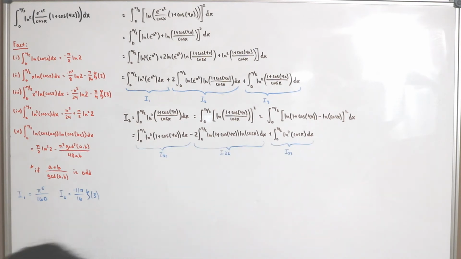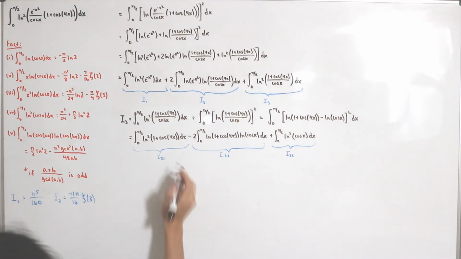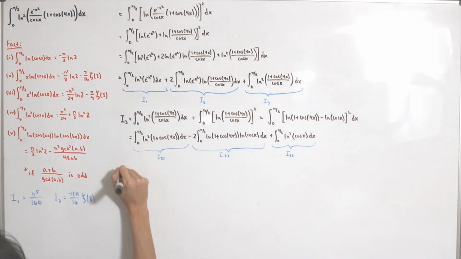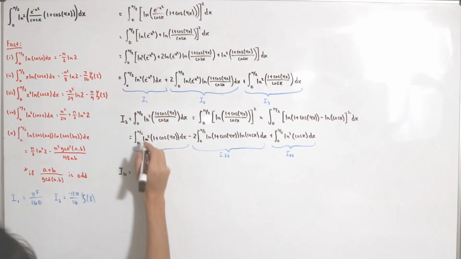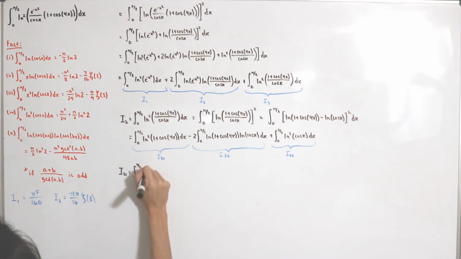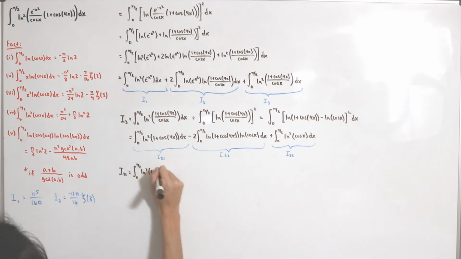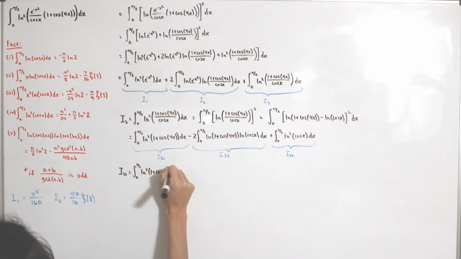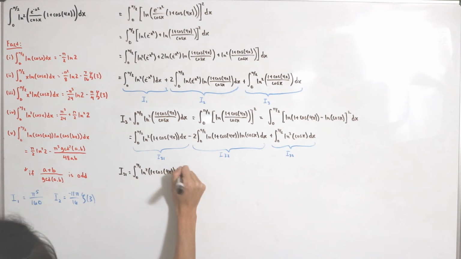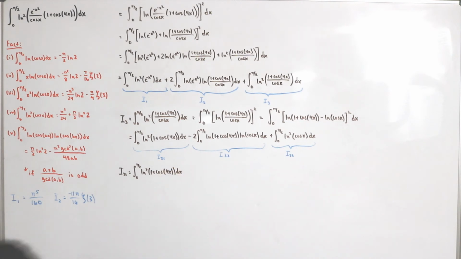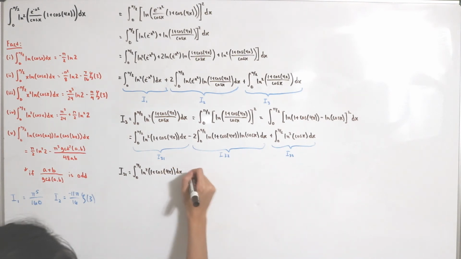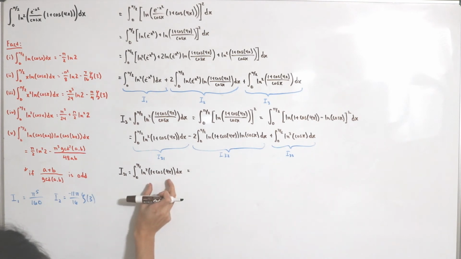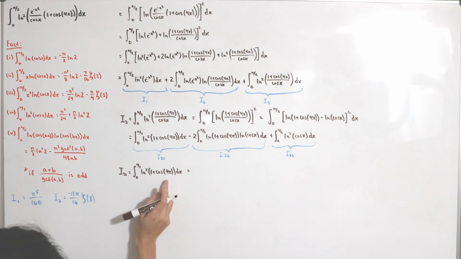Okay, so one by one, we're going to have to solve I31. So specifically right here. I sub 31 is equal to our integral from 0 to pi over 2 of ln square of 1 plus cosine of 4x dx. Okay, and notice that the function is an even function.